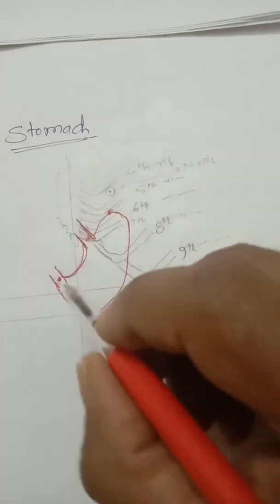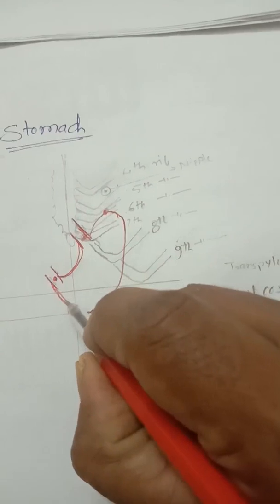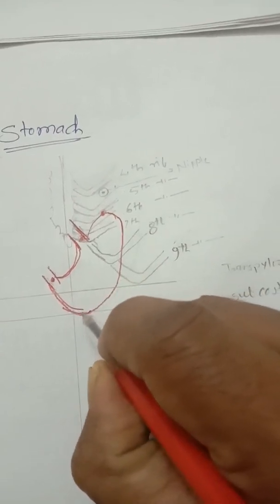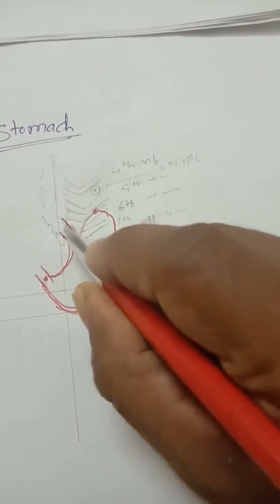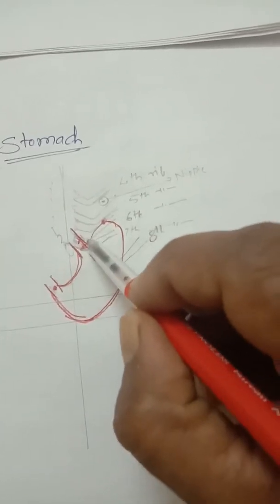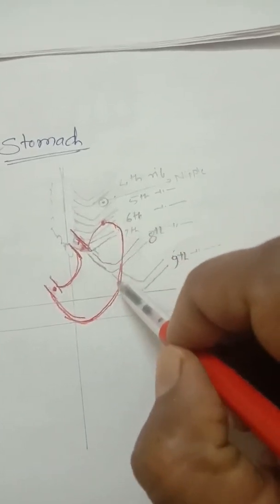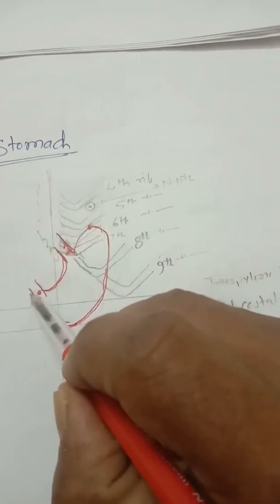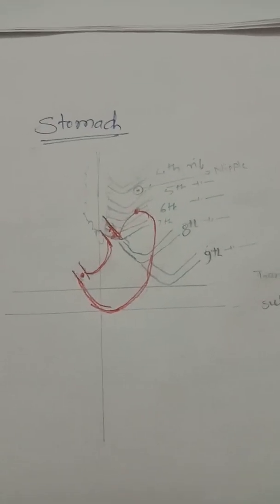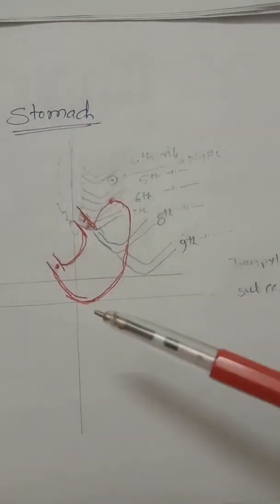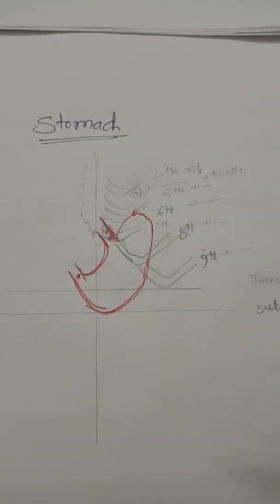In this way, this is the greater curvature. Here this is the cardiac end, this is the fundus of the stomach, this is the greater curvature, this is the pyloric end, and that is the lesser curvature of the stomach. In this way the surface anatomy of the stomach should be drawn.